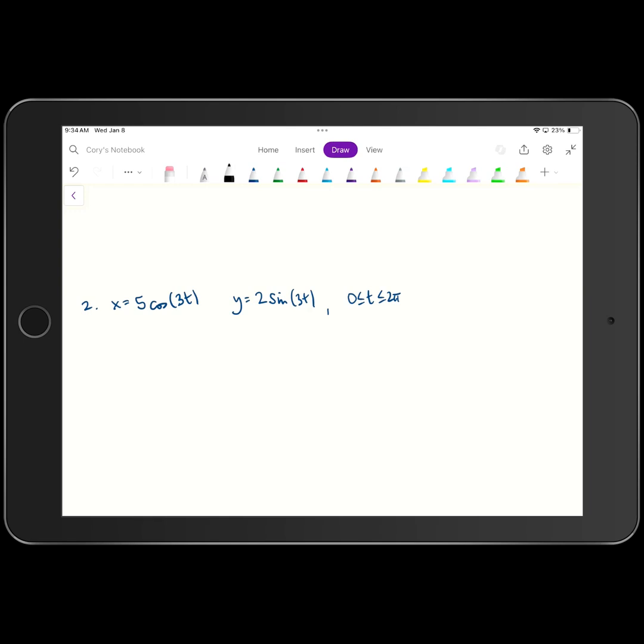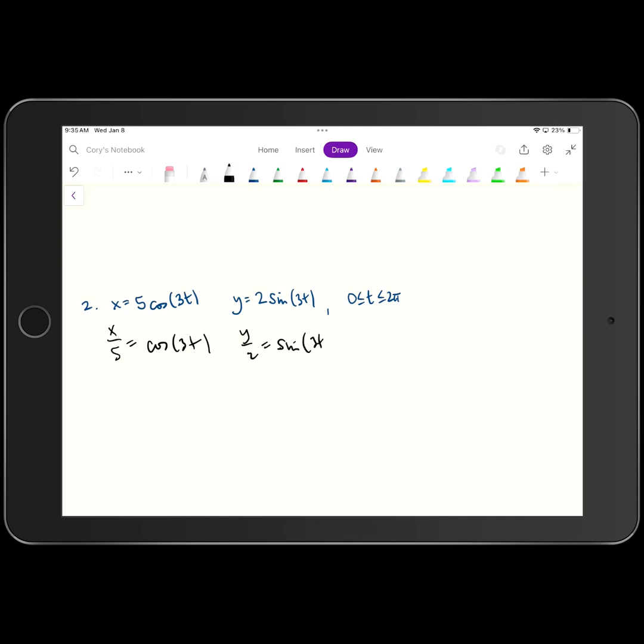So a lot of what we do initially setting this problem up is going to be the same. We're going to isolate the trig function once again for both of these. So we get x over 5 equal to the cosine of 3t, and y over 2 is equal to the sine of 3t.